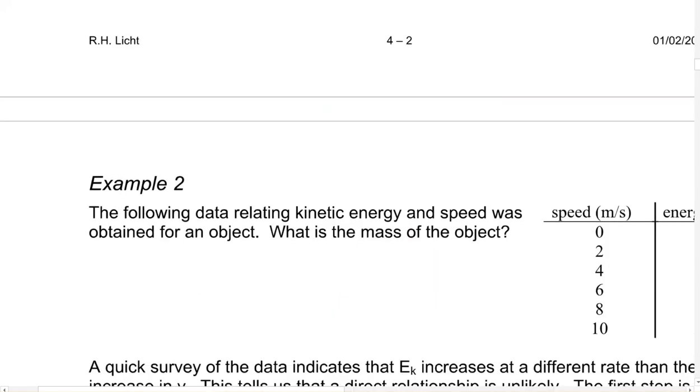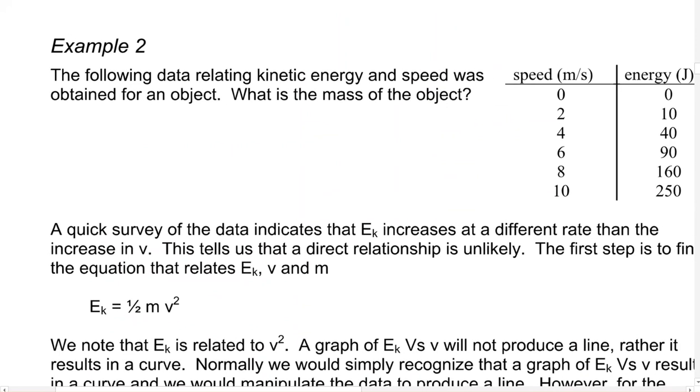I'll show you some different examples. In this case, the following data relating kinetic energy and speed was recorded. Here's speed, here's kinetic energy. I might say E_K is equal to 1/2 mv squared. I've got speed, v, and I've got energy.